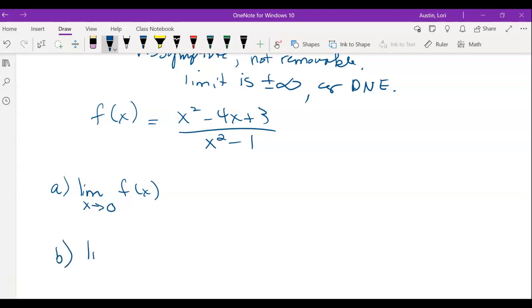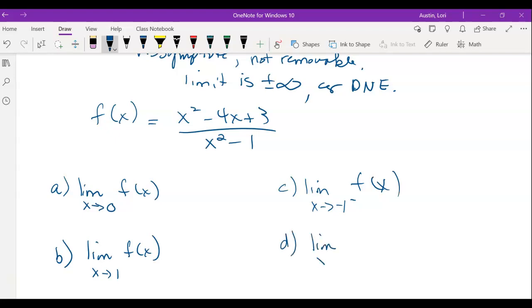Then I want to do the limit as x goes to 1. And then I want to do the limit as x goes to -1 from the left, and the limit from the right. Okay? So we're going to find these limits, and then we're going to talk about those.